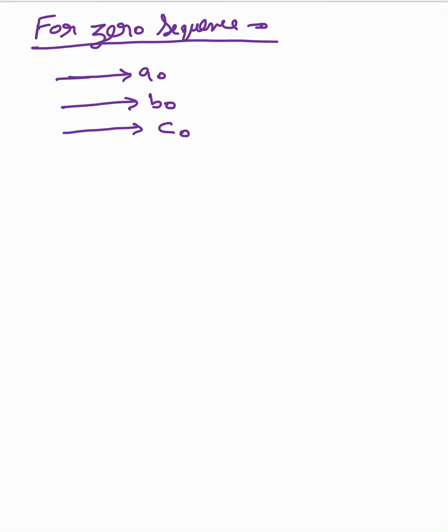A0 is the reference, so VA0, and VB0 is equal to VA0, and VC0 is equal to VA0.